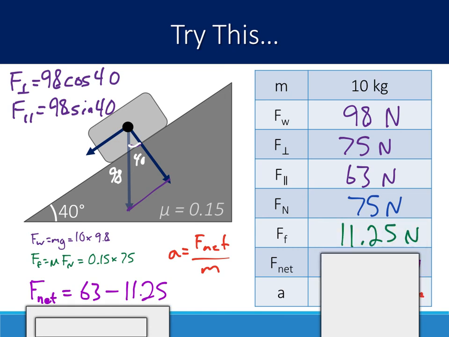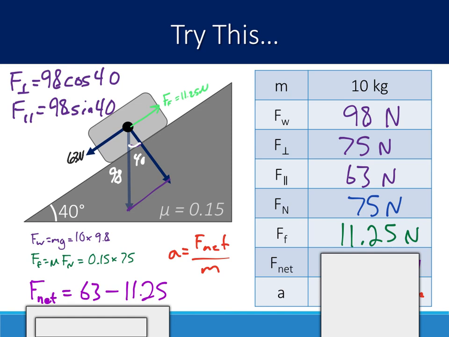Now my net force, if I put in my force of friction and the component of 63 newtons, that's my parallel component, I'm just going to draw that in right here. So this is 63 newtons. My force of friction, which we just solved, is coming back this way. I'm going to add that arrow on here so we can see that. This one is smaller, it's 11.25 newtons, and it's in the opposite direction.